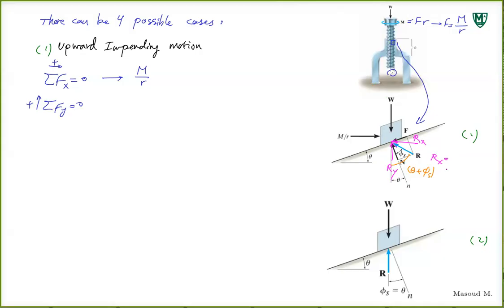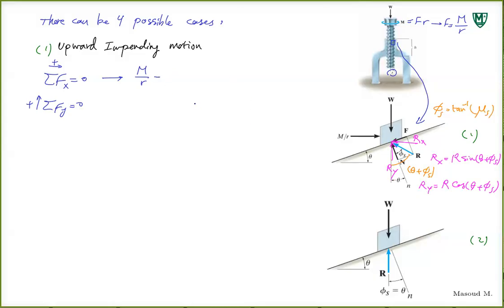Right? So Rx becomes R sine theta plus phi s, and Ry becomes R cosine theta plus phi s. Phi s being the angle of static friction. I'm going to just write it here again in case you forgot from a while ago. Phi s is equal to tan inverse mu s, the angle of static friction.